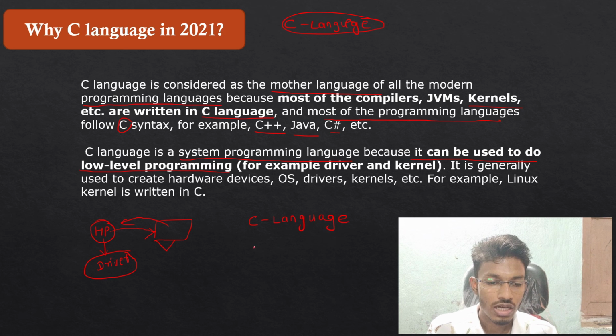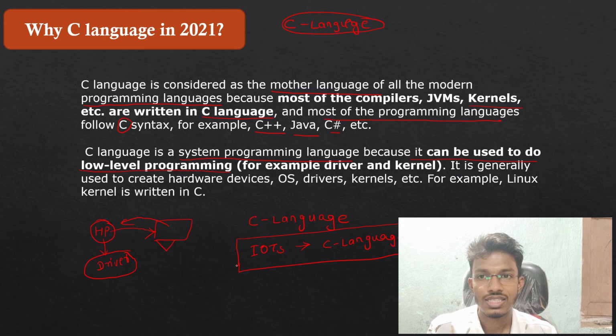IoT devices right now are also written in the C language. These are some of the uses of C. Once you learn the C language, you can master any programming language you want, because you know all the concepts.